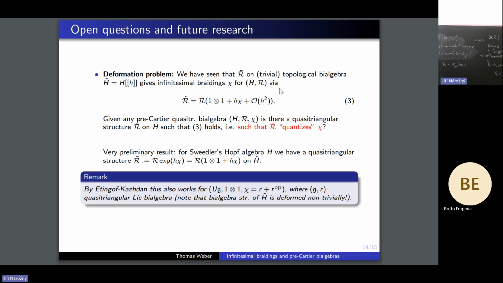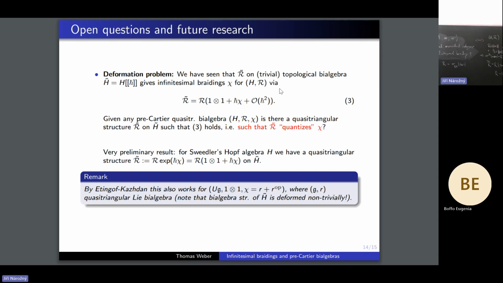And we are not able to solve this in general, just in some baby cases. One of them is Sweedler's Hopf algebra that we've seen on one of the first slides. So we classified all the R's and all the chi's, and you can show that if you do this trick, you simply take the exponential of your chi, which in this case is not really an exponential, because you can see this is just the first term and then the linear term, and all the higher orders vanish automatically.